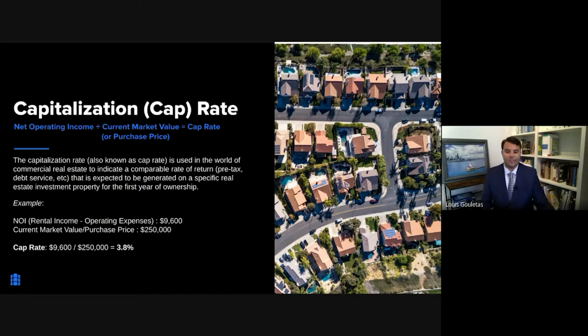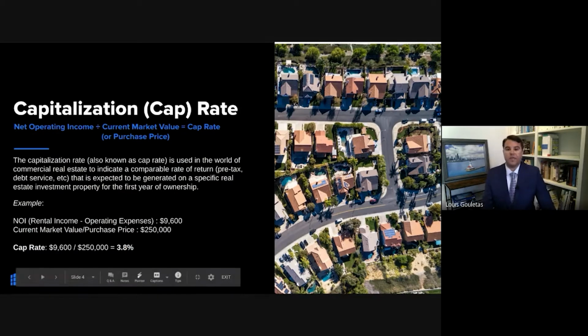So if I see that the rent is going to be a certain amount per month, I can times that by 12, say divide it by 50% of the expenses eating up into that revenue that I'm receiving to get to a pretty quick net operating income. Then I can take whatever I'm going to pay for this property or think I'm going to be able to purchase it for to get to a cap rate.